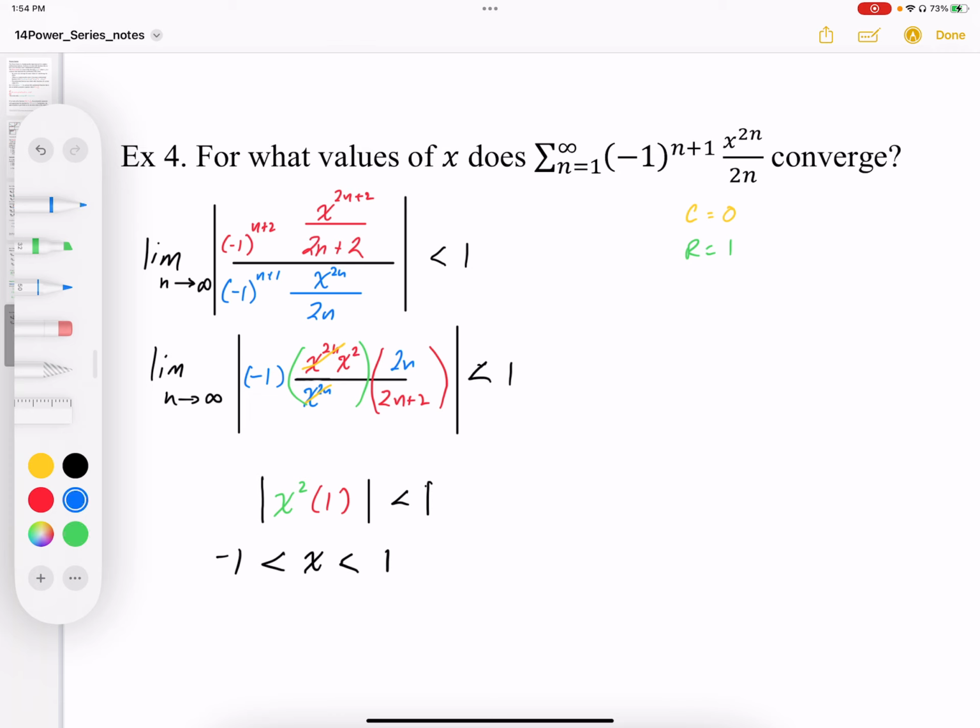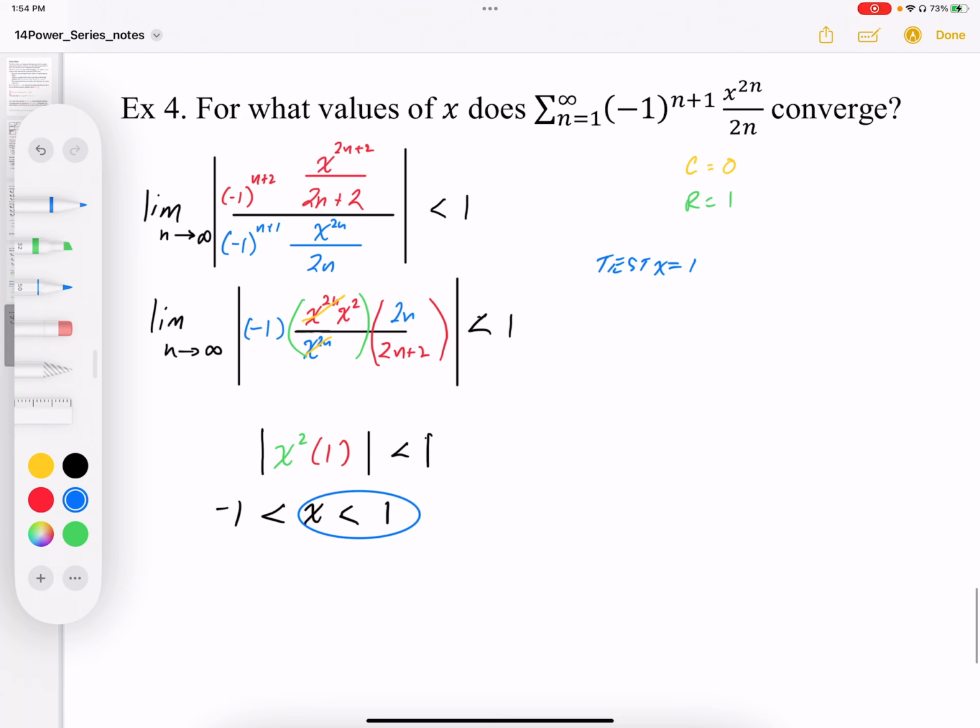So I'm going to test my right-hand endpoint first. I'm going to test x equals 1. Plugging x equals 1 into that expression, n goes from 1 to infinity, -1 to the power n plus 1, and this will be 1 to the power 2n. That won't affect anything over 2n.